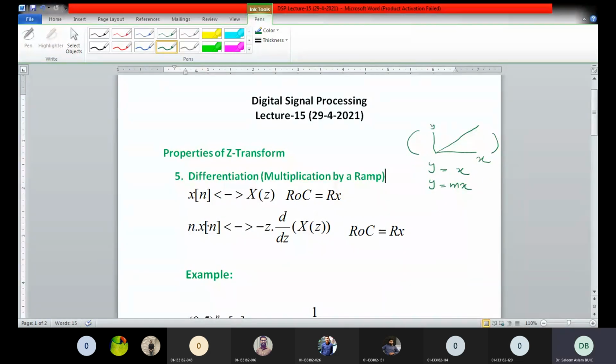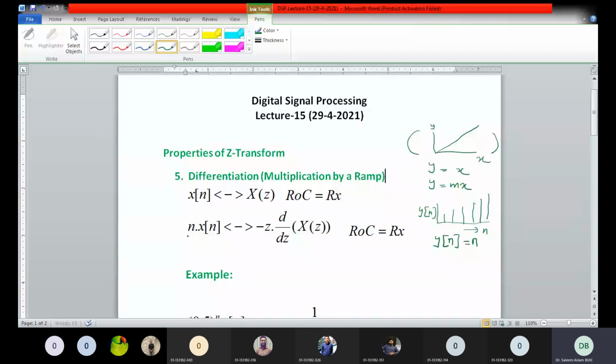In our case, our x-axis is normally n, and our signal is plotted like this, with n on the axis and y of n. So if y of n is equal to n, this is a ramp function.